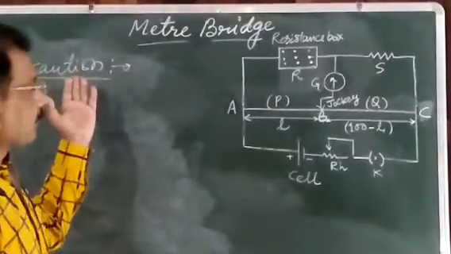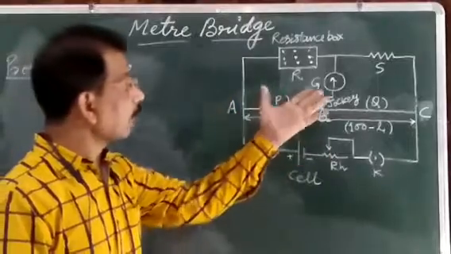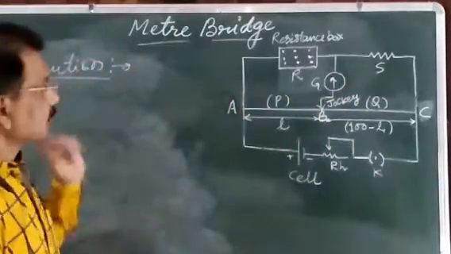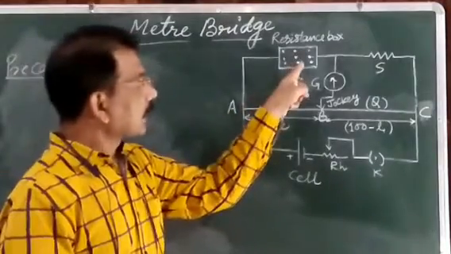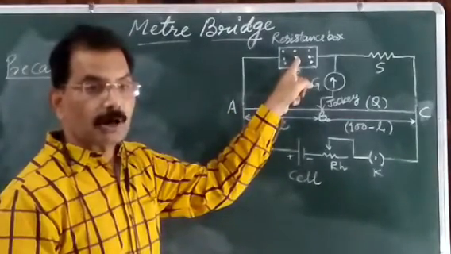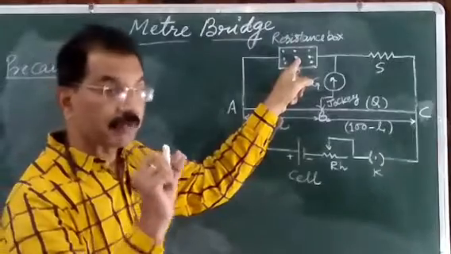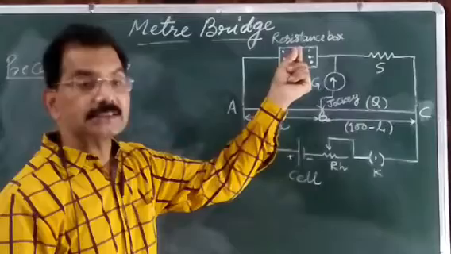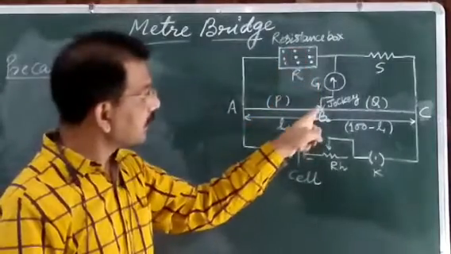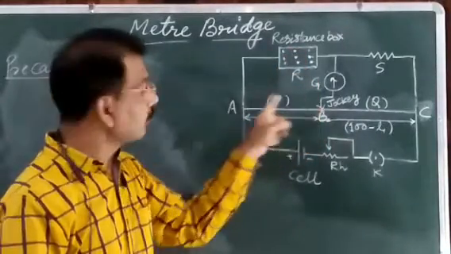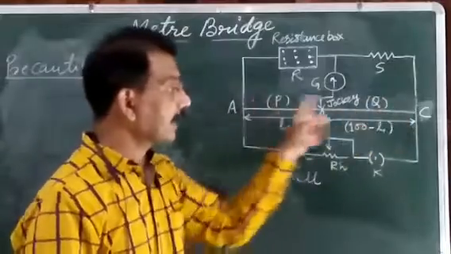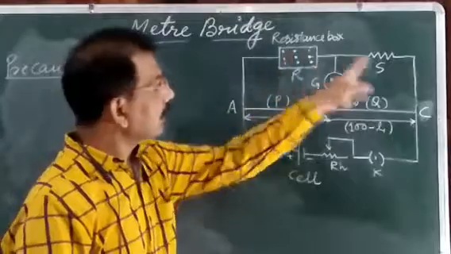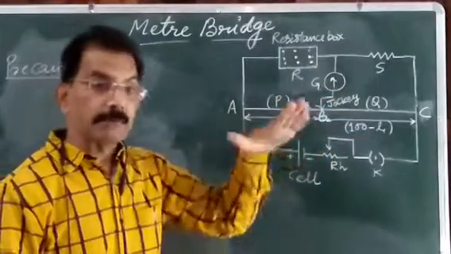Now in this experiment, what is the source of error or what precaution will we take? This one is also very important here. So first precaution, what will we take? The resistance taken from this resistance box is chosen in such a way that the null point comes approximately in the middle of this wire AC. And in this case, the error in this experiment will be minimum or least.